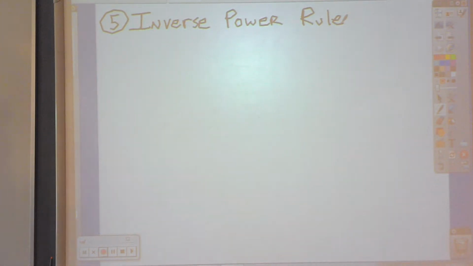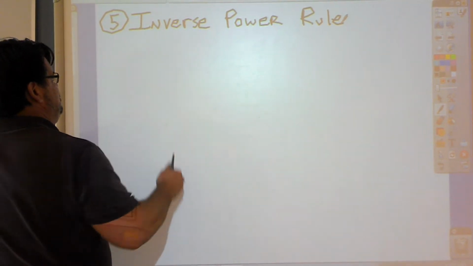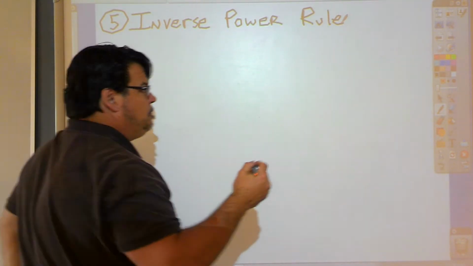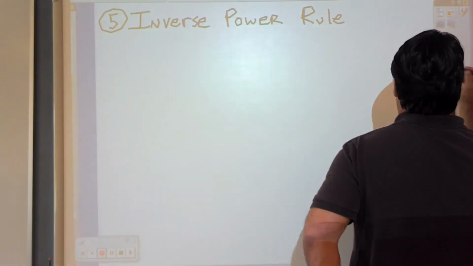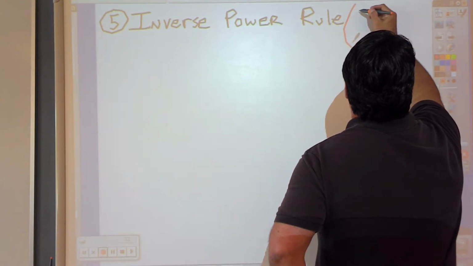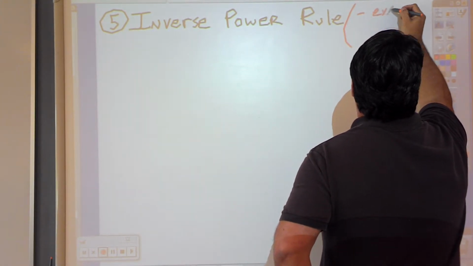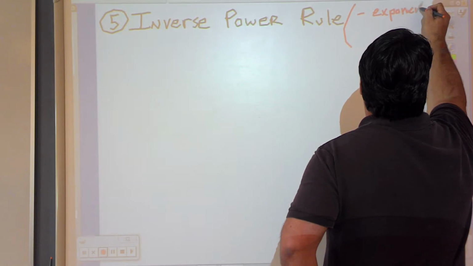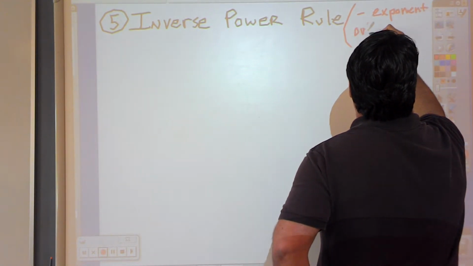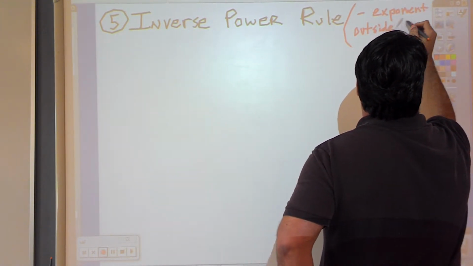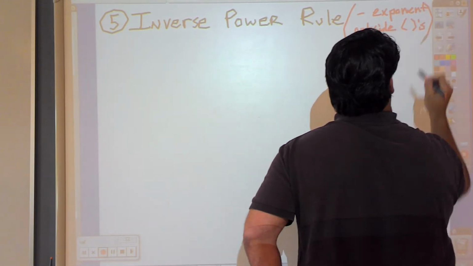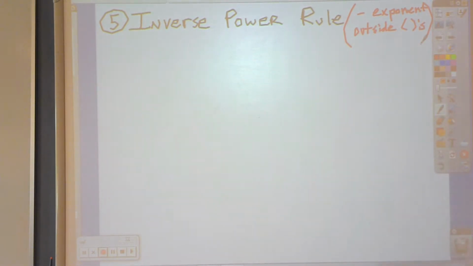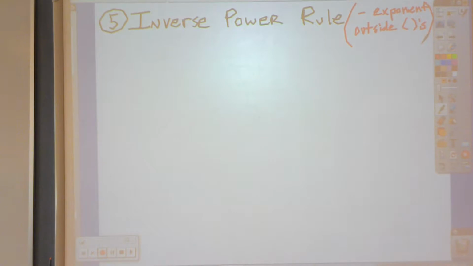The inverse power rule is used when you have, and I'll put it in red, a negative exponent outside parentheses. Some people go ahead and use the power rule to get rid of the parentheses, and then you just have a regular exponent.